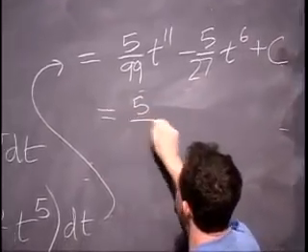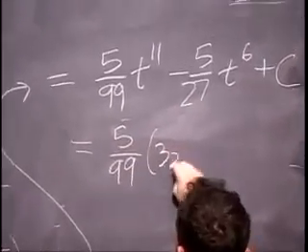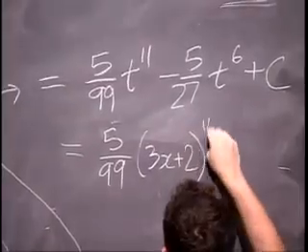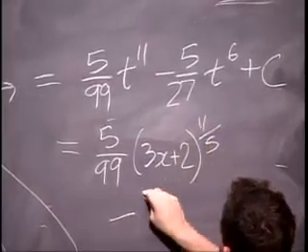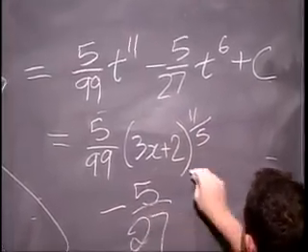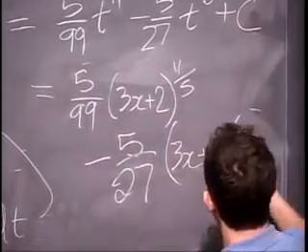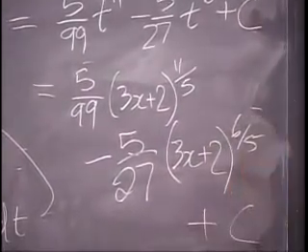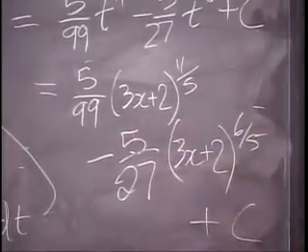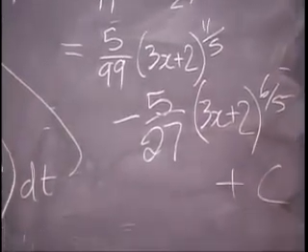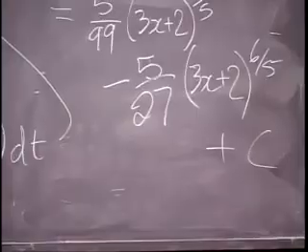And you get this nasty mess. 3x plus 2 to the 11 over 5 minus 5/27 3x plus 2 to the 6 over 5 plus a constant. Again, you could differentiate this. It's not a bad idea to just check it by differentiating. And you should get the actual result.